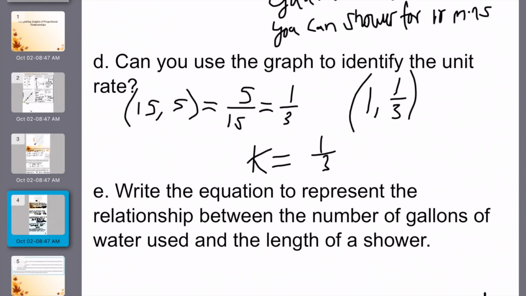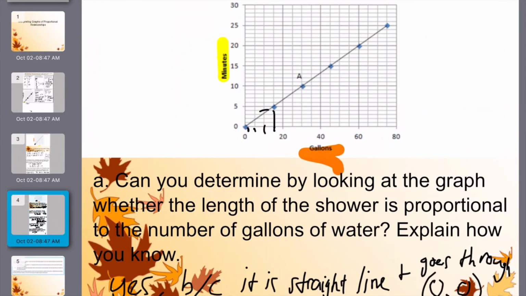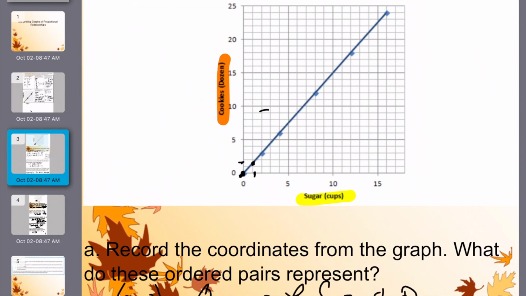So write an equation to represent the relationship between the number of gallons of water used and the length of the shower. Well, in this case, it's going to be the number of minutes you can shower equals 1/3 times the amount of gallons. Okay? And the point that I really want to hit home here, and this is easier to see here, is that when I am working with a graph, if I'm trying to find out what the constant of proportionality is, my constant of proportionality will always show up at the first 1 point.